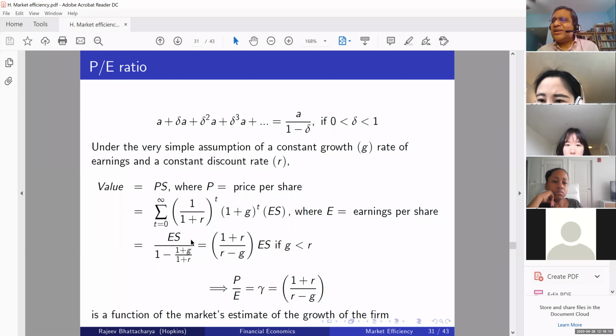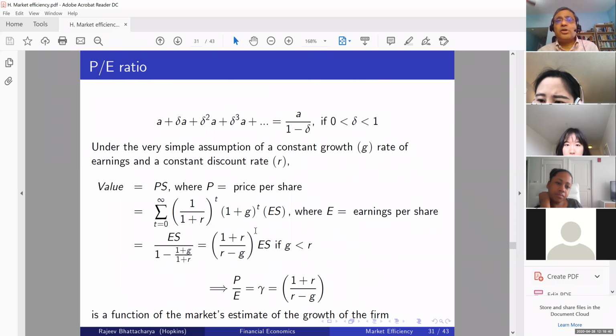Now let's take a very simple assumption that earnings grow at a constant rate G, and the discount rate is constant R. So the value of the firm equals price per share times number of shares outstanding. The value of a share is the discounted cash flows model that you've seen before.